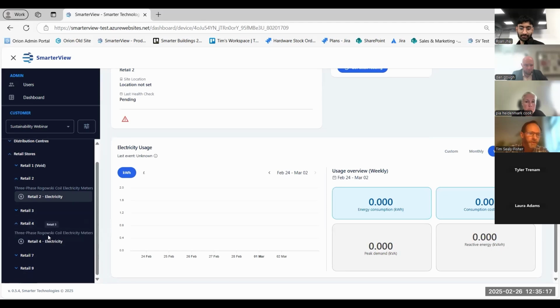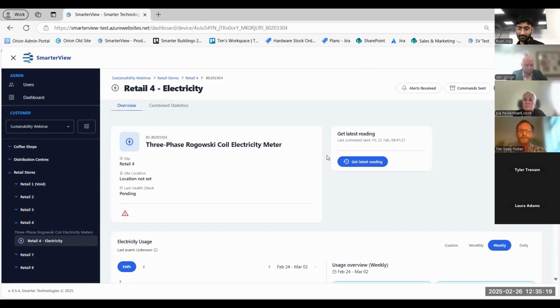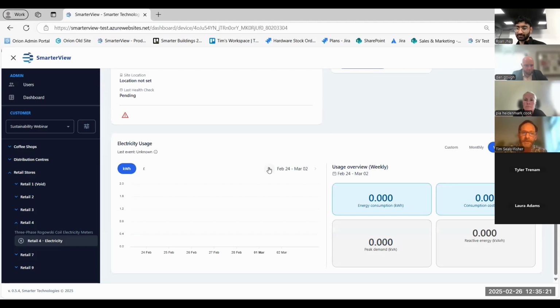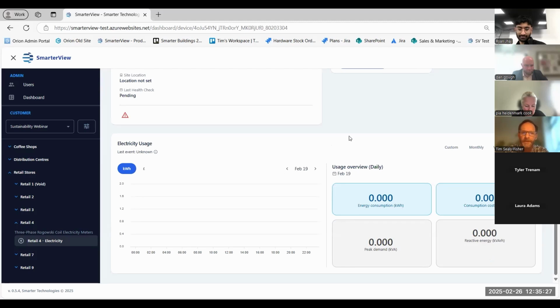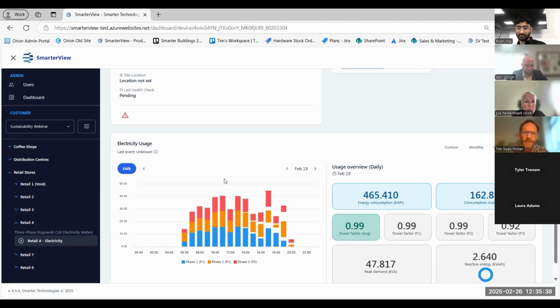Let's look at retail unit 4 now. This was the higher consuming of the 2 sites. And if I go to the same day previously, the 19th of February, you'll see that there's been active energy management. Here we go.